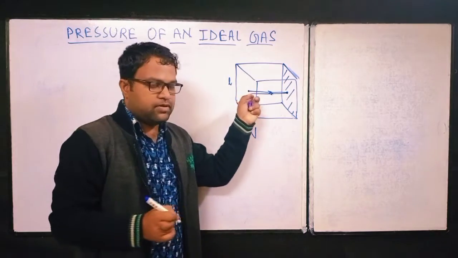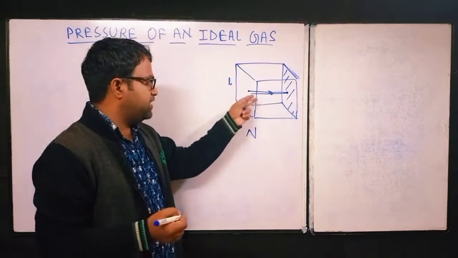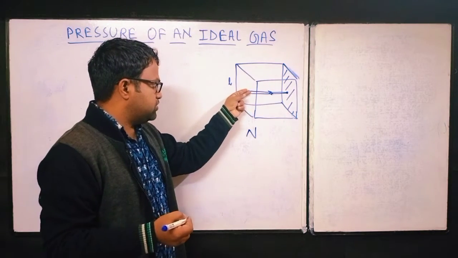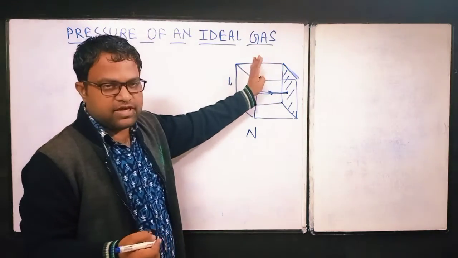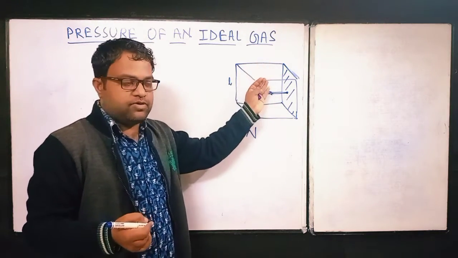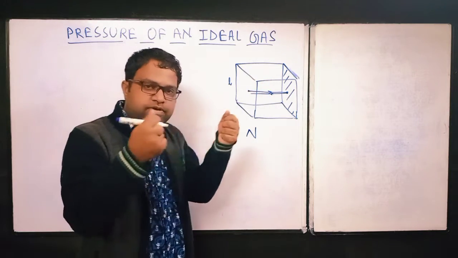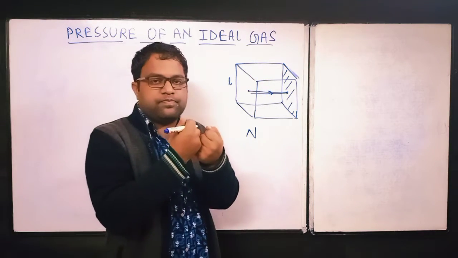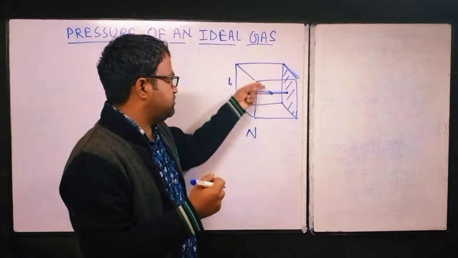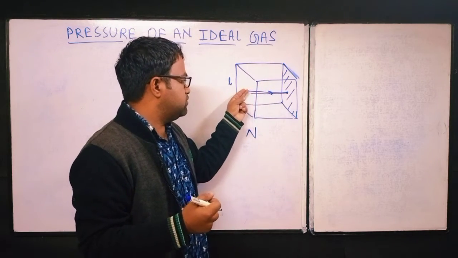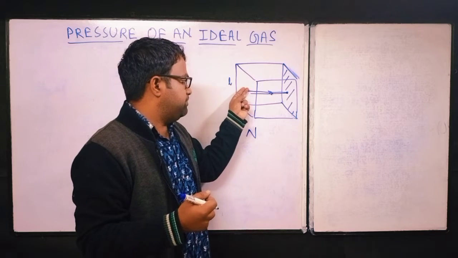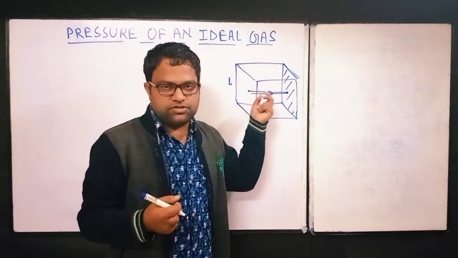And some assumptions we will take: it will not interact with other molecules. Because N molecules are there, Avogadro's number of molecules, so many molecules, there would be some interaction with other molecules on their way, and also chances that they may change direction.